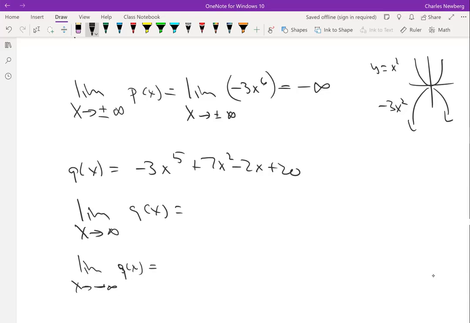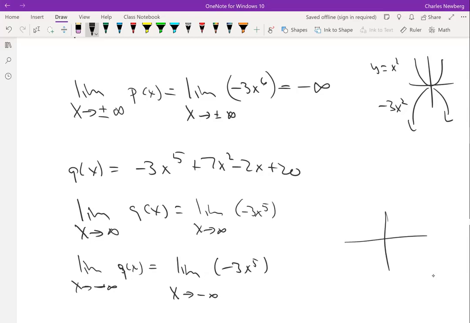All right, let's do this one. So what am I really looking at? It's a polynomial. So I say the only thing that really matters is the first term. So I'm really looking at minus 3x to the fifth. So is that an even power or an odd power? Odd, right? So what's the one I always visualize? The cube, because I have the cube memorized.